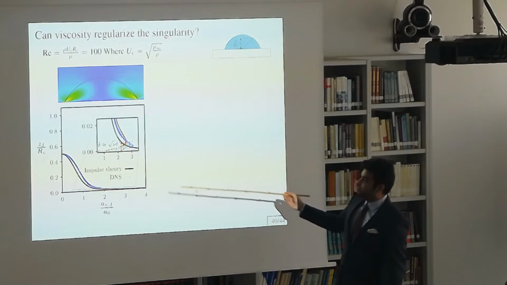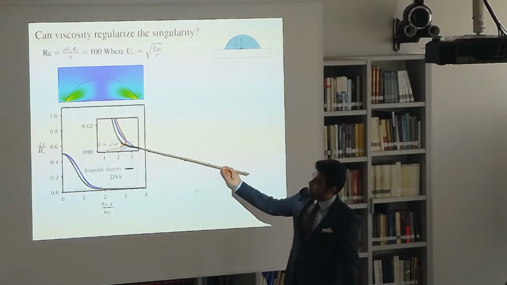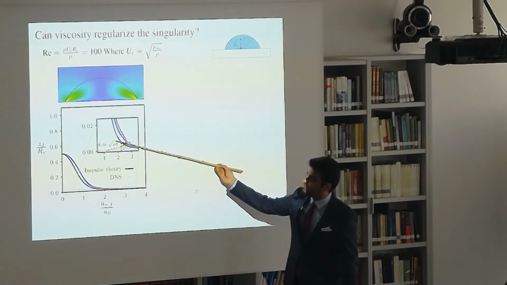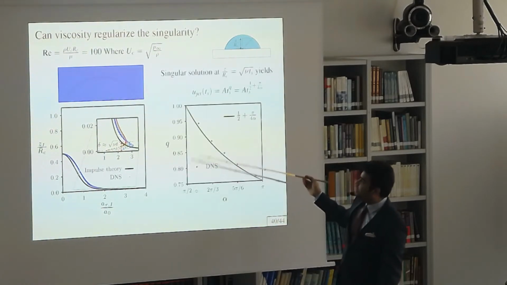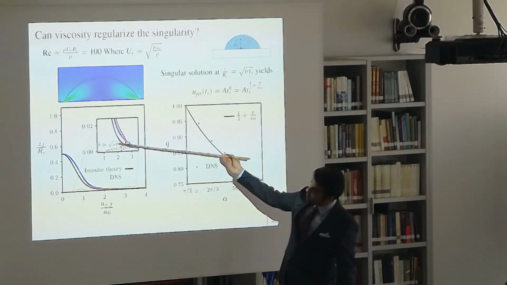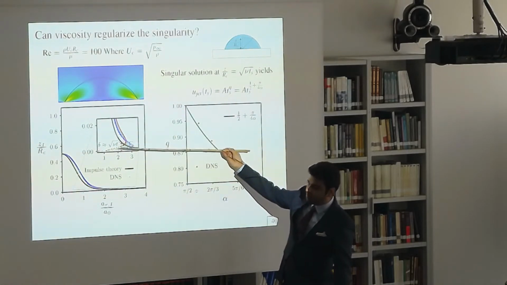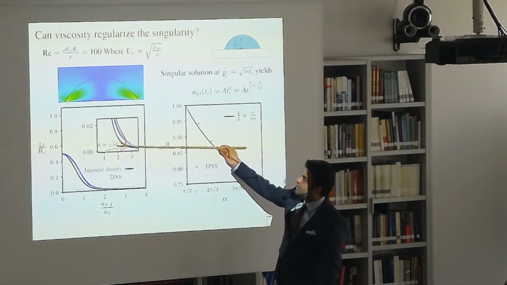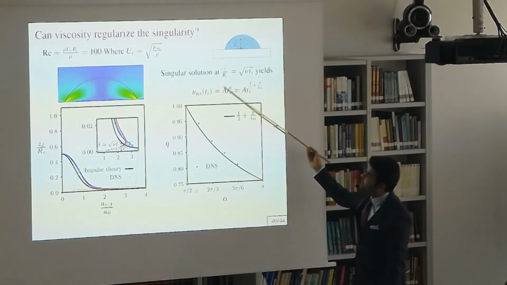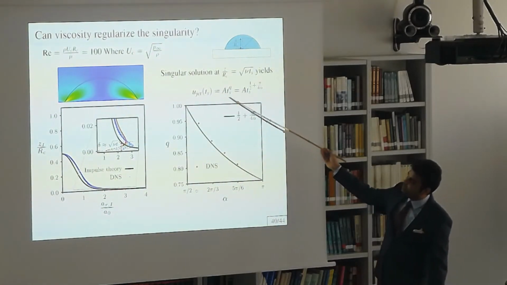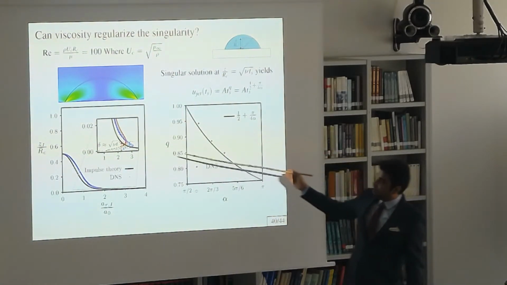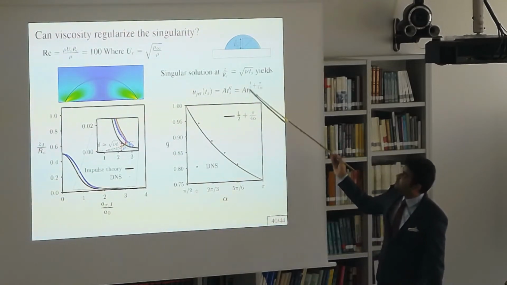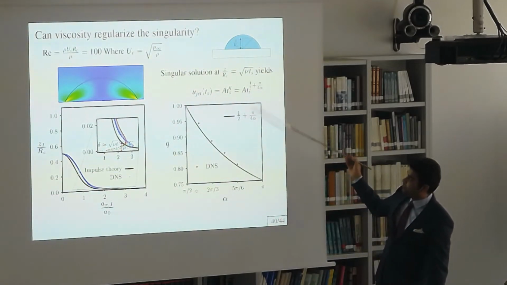What we do is we take the value of the velocity at a distance which is square root of nu t, which is the height of the boundary layer. So we take the velocity at the height of the boundary layer, and we try to predict the exponent with which it should grow. It gives us an exponent which is 1/2 plus pi/(4 alpha).